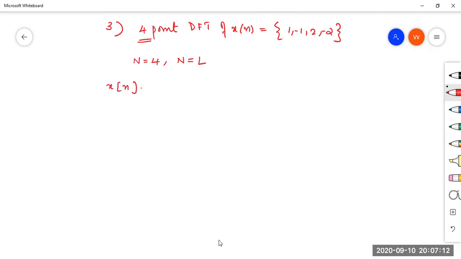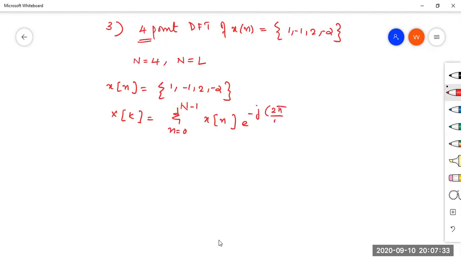X of n is equal to what? This is 1, minus 1, 2, minus 2. So X of k is equal to, what is the equation? Sigma n equal to 0 to N minus 1 x of n e raised to minus j 2 pi divided by N k n.